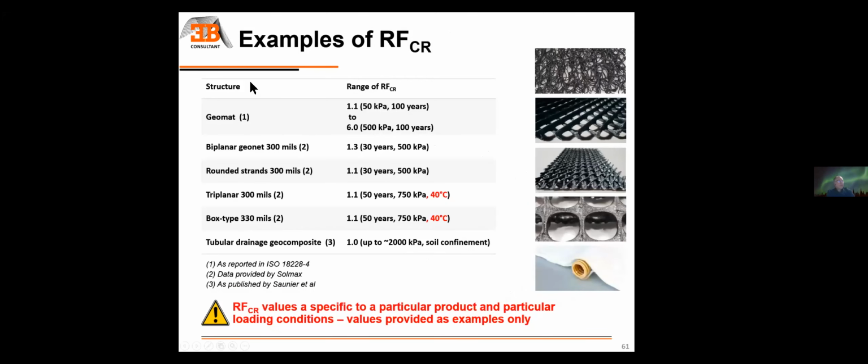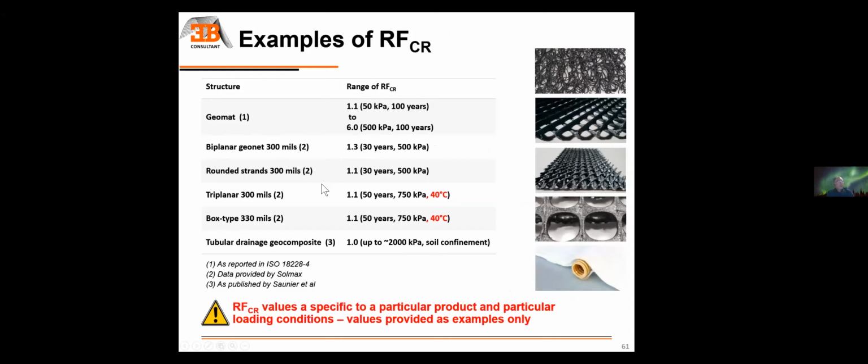So examples of reduction factor for different type of products. So here for geomat, that's the values which are published in the ISO standard from 1 to 6. For biplanar geonet, you can see here reduction factors which are around 1.3 for a 300 mils product.